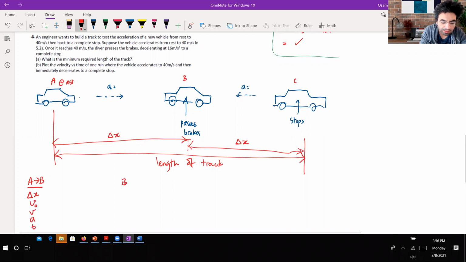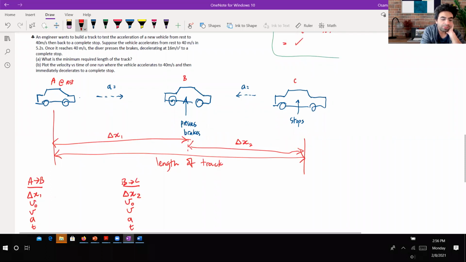From segment B to C, again, the same variables, but for a different segment. What I'm looking for is the displacement from A to B. Maybe we can call it 1, and we call this one 2. Once we find the two displacements, we add them together, and we find the length of the track.